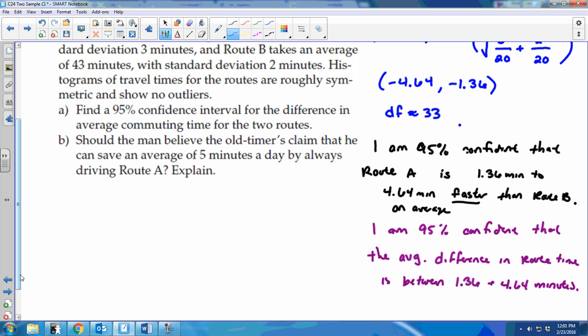So it looks like he could save 1.36 minutes to 4.64 minutes on average. So he can save some time, but 5 minutes seems to be an exaggeration of how much time he could actually save. It's not in our interval. Questions about that?